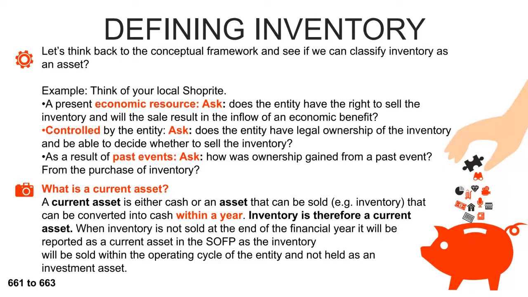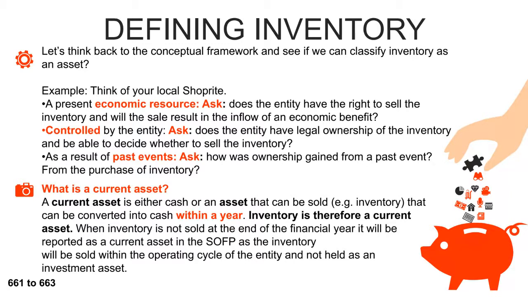So if we look at that and we say, okay, is there a present economic resource? The answer is yes, there is an economic resource, and that is the right to sell the inventory and gain money and benefit from it. So it does represent an inflow of economic benefit, right?